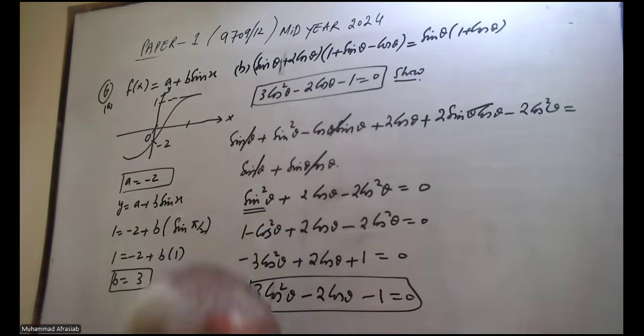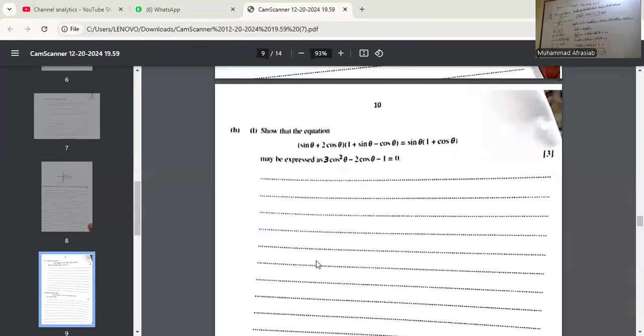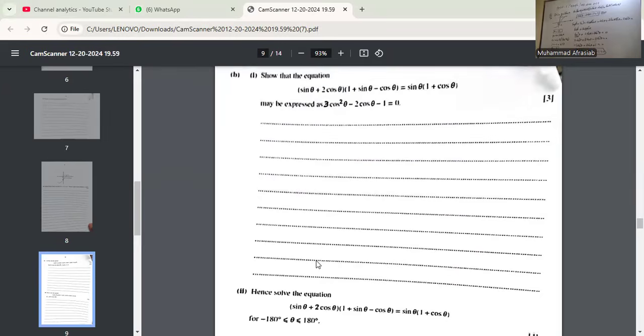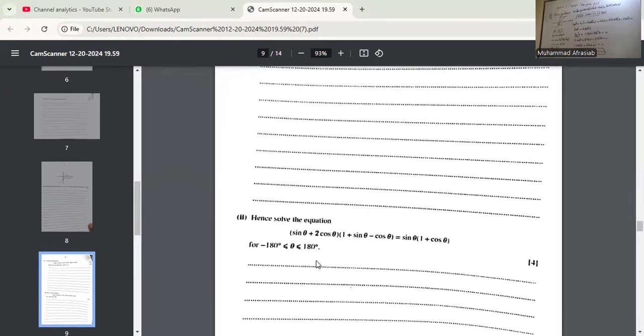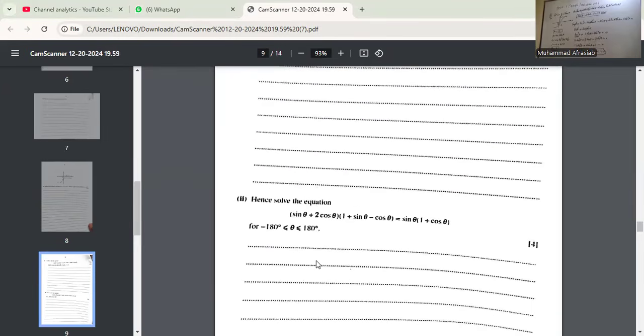Then they are asking, hence solve this equation from minus 180 to plus 180.